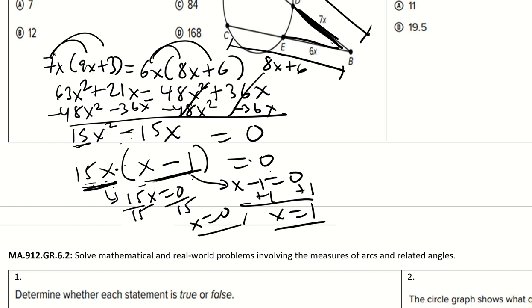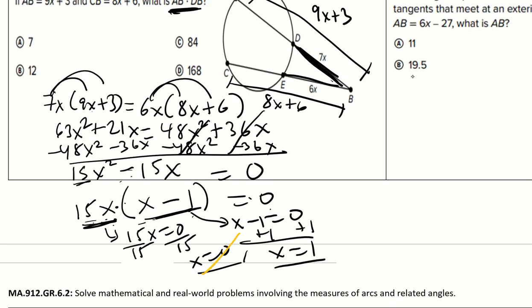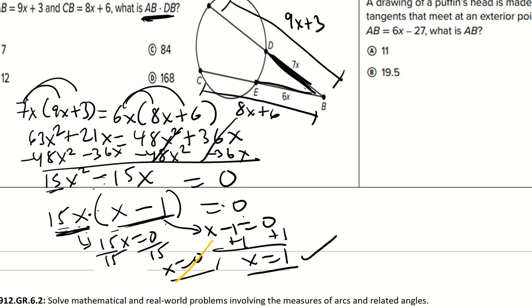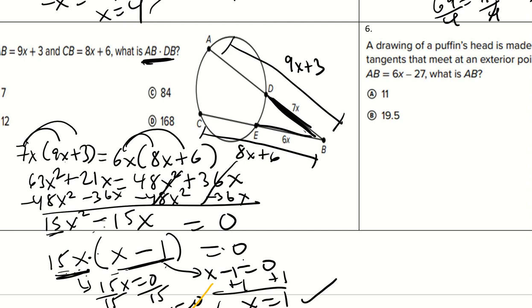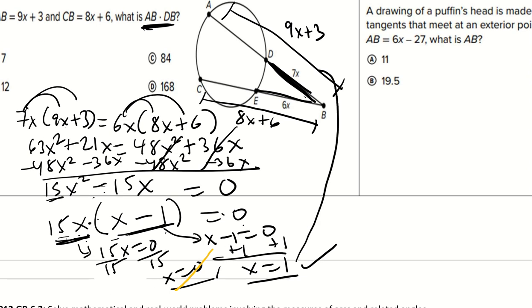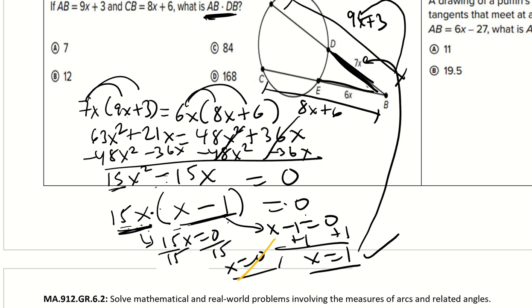However, it doesn't make sense for the answer to be 0, so we're going to say that the answer is 1 instead, and we're going to plug that in to here and here, or not there. We're interested in AB and DB, so we're going to plug it into DB and AB. All right, so let's do that right now.